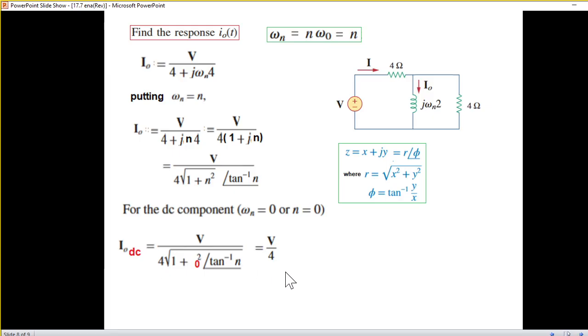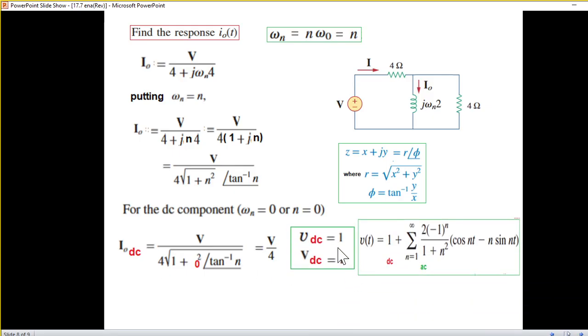So it will be V over 4. And since in the question, DC is given in time domain, therefore in the phasor domain also DC will be 1. Therefore, for V we put 1, so it will be 1 over 4 ampere as the I0DC.